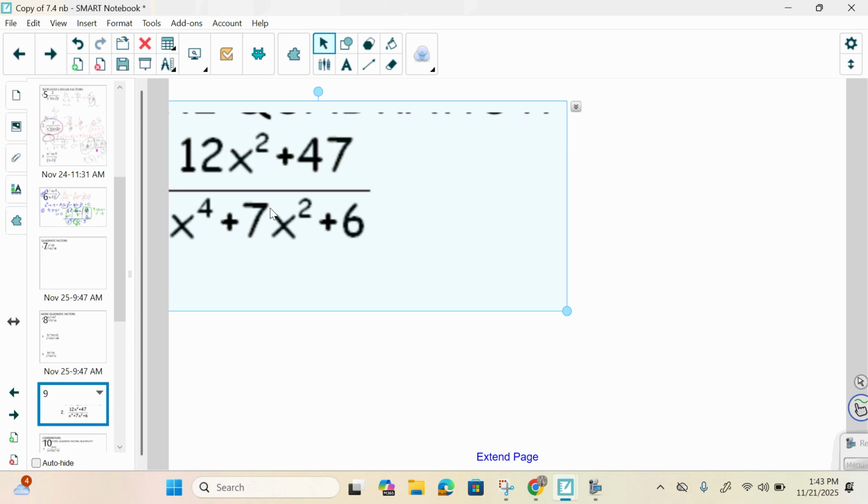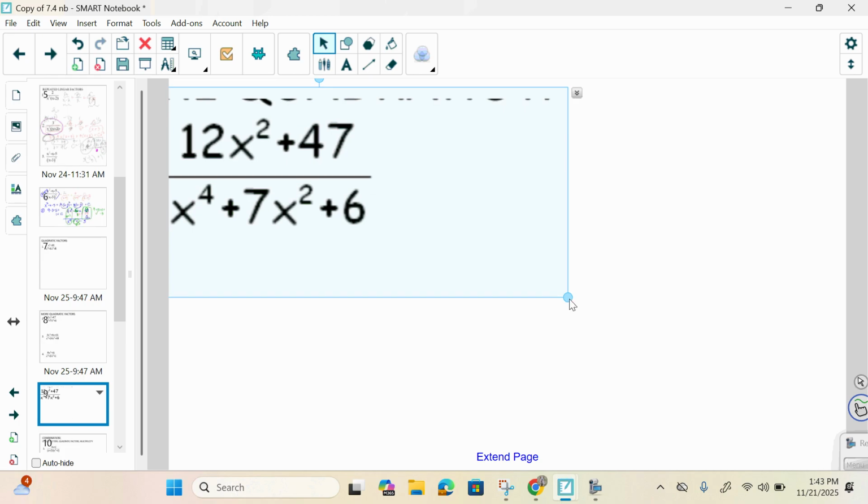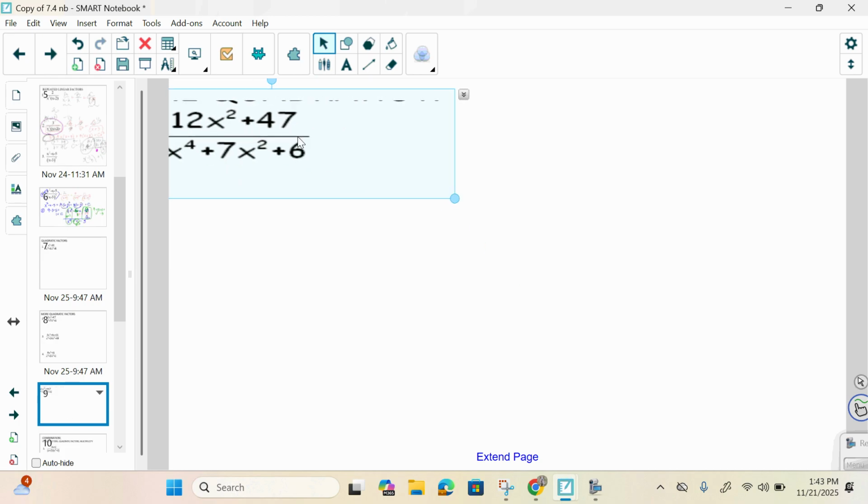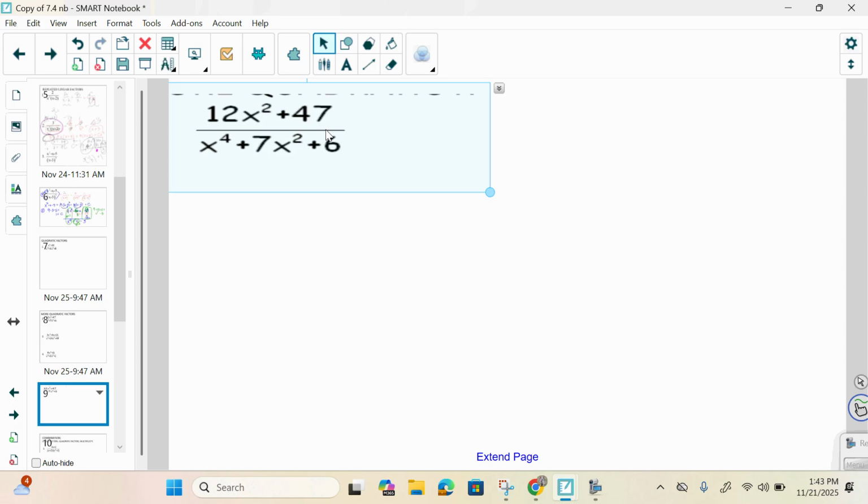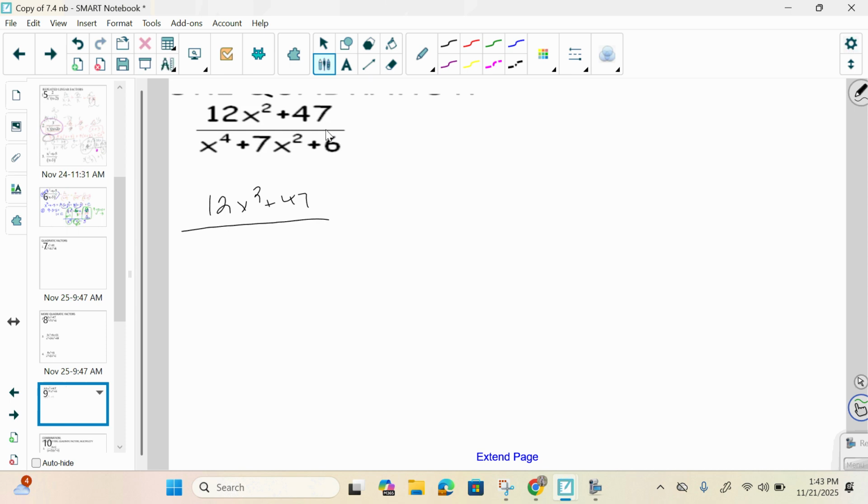All right, so Molly gave it factored: x squared plus 6, x squared plus 1. So I got 12x squared plus 47 over x squared plus 1 times x squared plus 6.